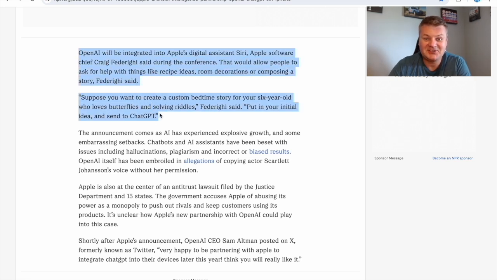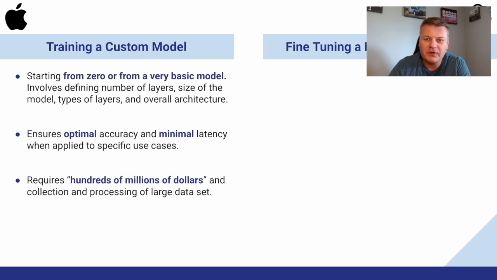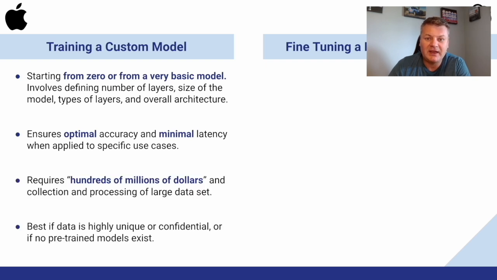So an easy answer, right? If Apple decided that it needs its own customized model, then that's the right answer for everybody, right? But before we get there, let's understand what it takes to actually train a custom AI model. Generally, you will be starting from scratch or from a very basic model, and you will need to define all the architecture of the neural network, including all the layers and parameters and everything in between.